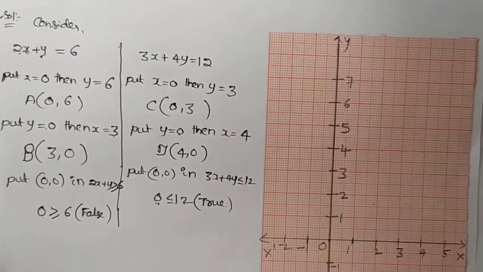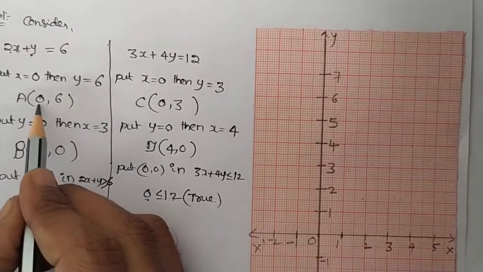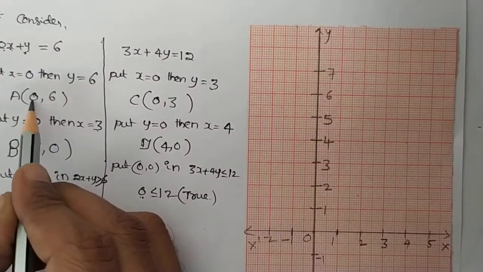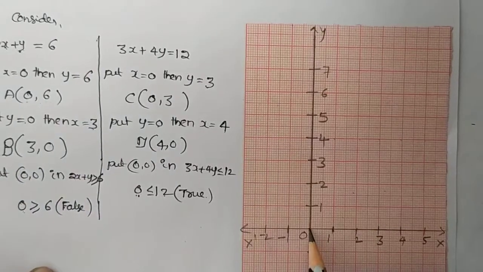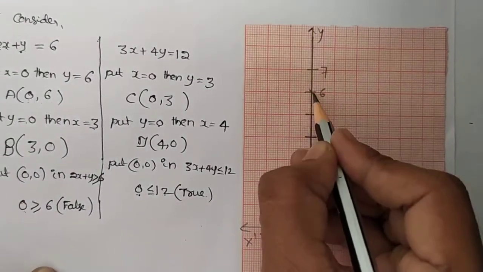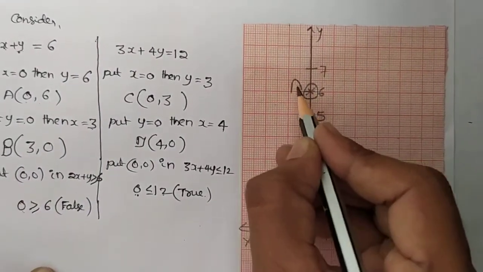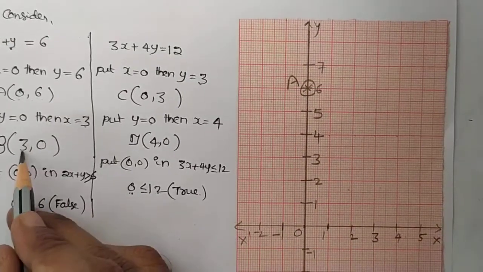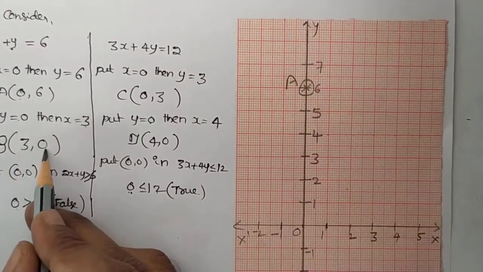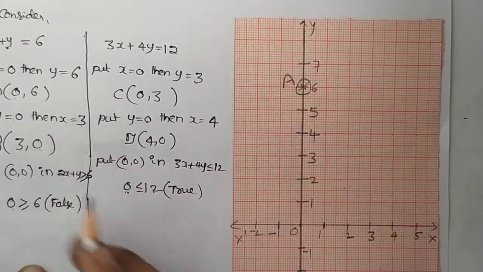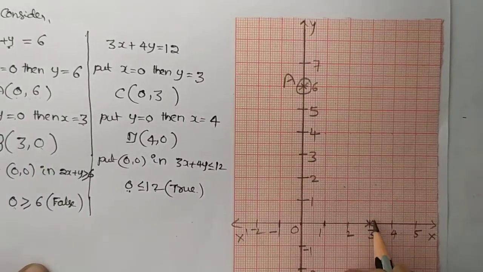Now, first take the point A. Point A is x 0, y 6. It is the point A. B is what? x 3, y 0.